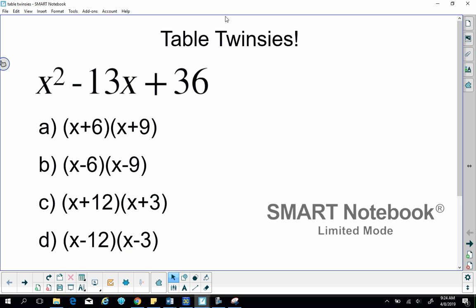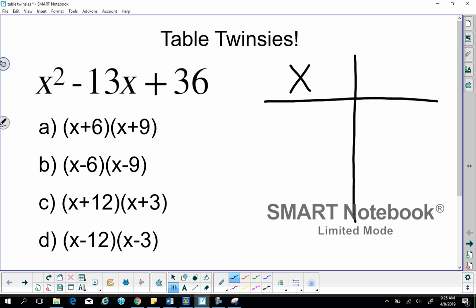Everybody get your calculator and type that equation into table. You're going to type that one into table. So in your calculator, typing that x squared function into table.